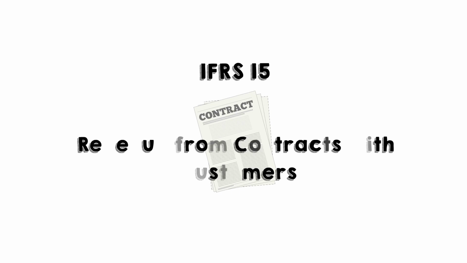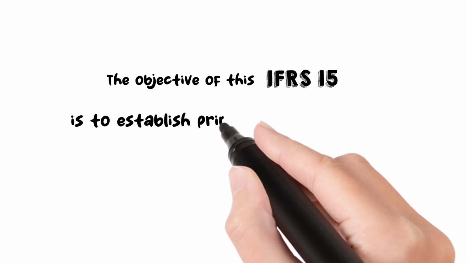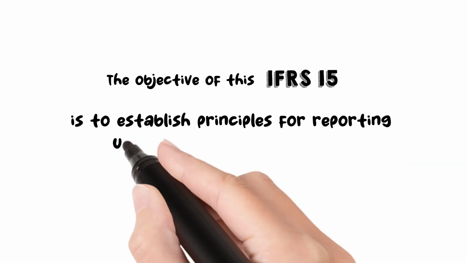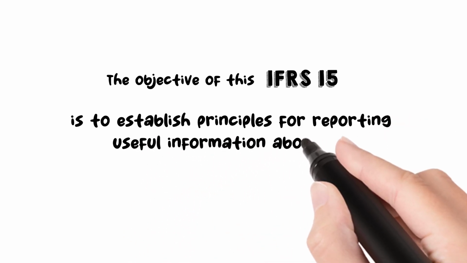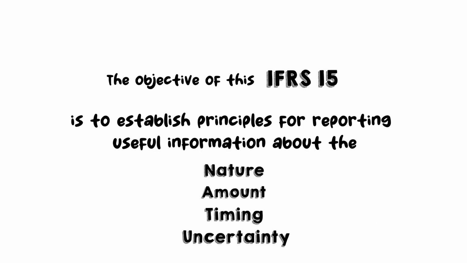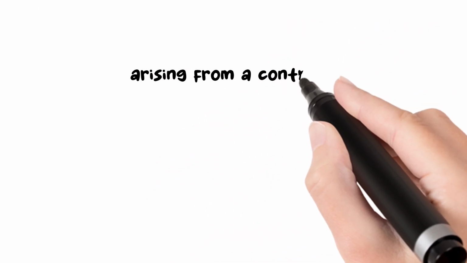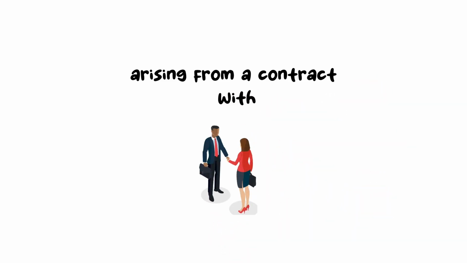IFRS 15. Revenue from contracts with customers. The objective of IFRS 15 is to establish principles for reporting useful information about the nature, amount, timing, and uncertainty of revenue and cash flows arising from a contract with a customer.